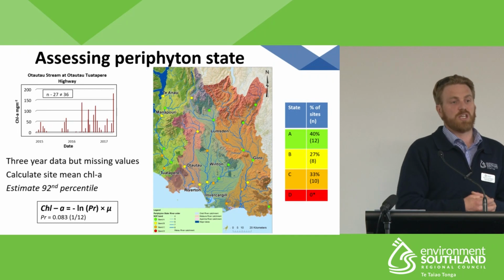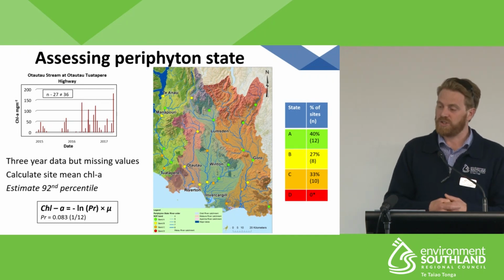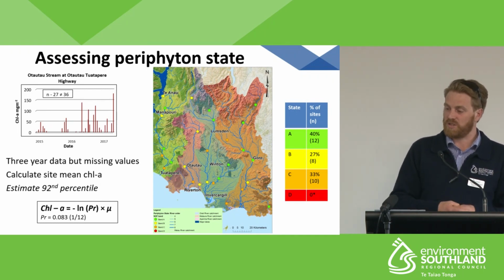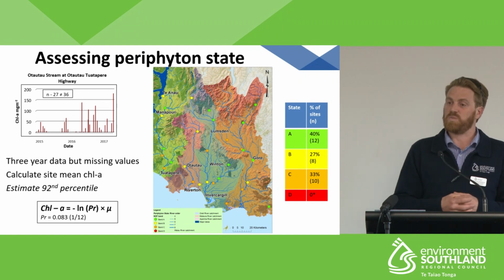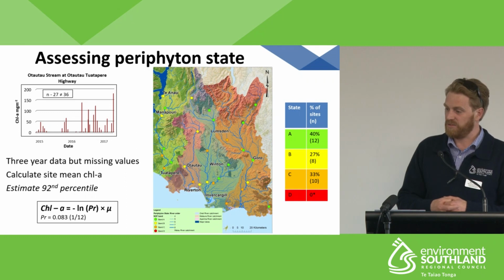We've used the exponential distribution to do this, for which the mean is the sole parameter, and which enables us to estimate that exceedance percentile with more confidence where we have missing data in the record.